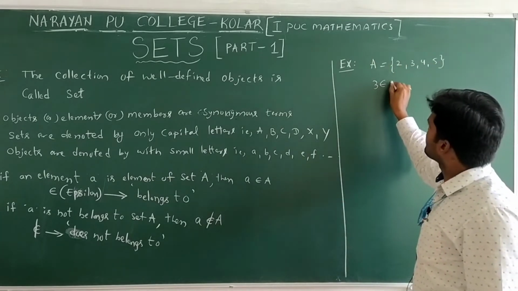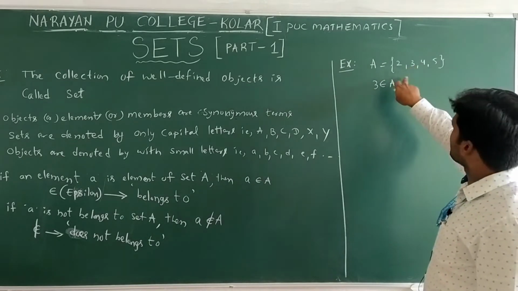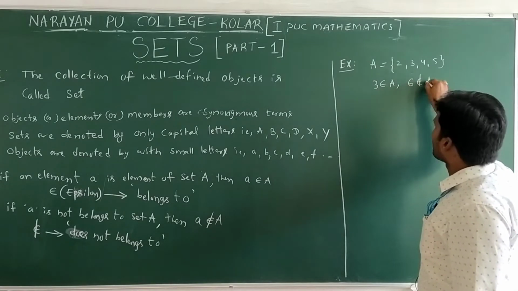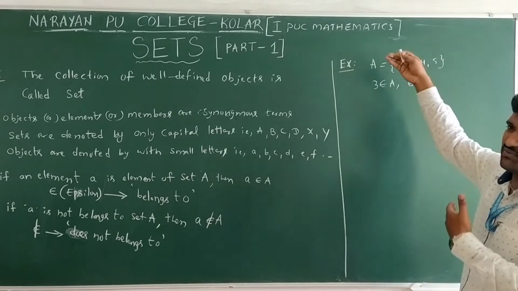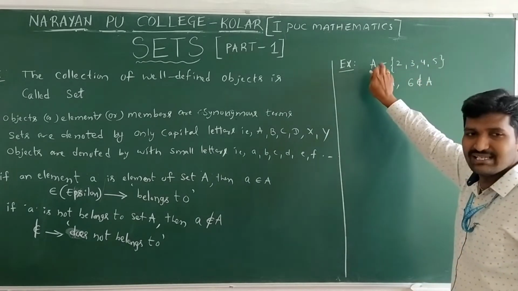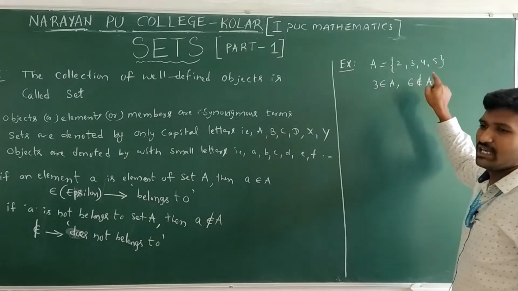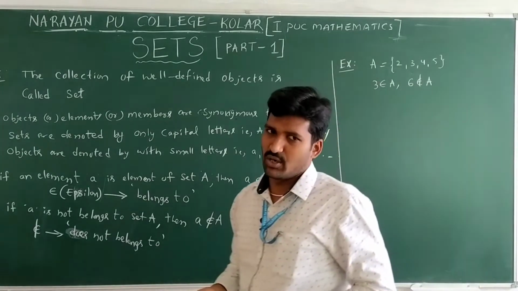Clearly, 3 belongs to A. Is 6 part of the set? No, 6 does not belong to set A. 2, 3, 4, 5 are all part of set A only, but 6 is not an element of set A. That's why 3 belongs to A, but 6 does not belong to A. These are the symbols we use in the sets concept.